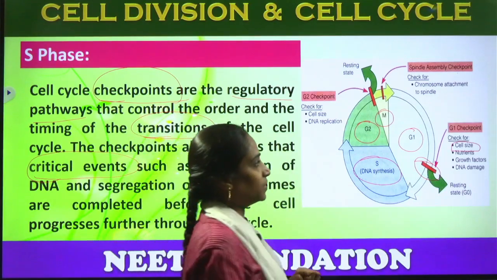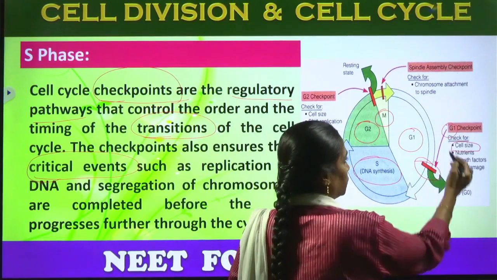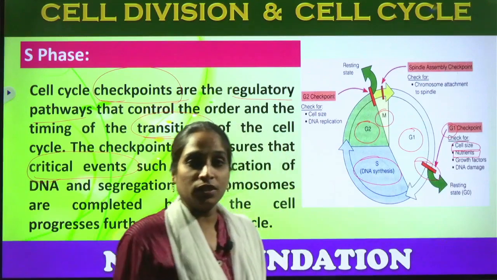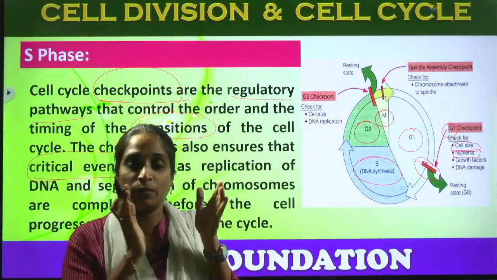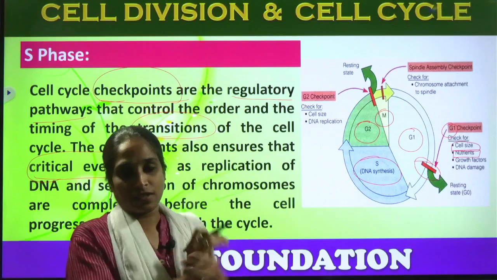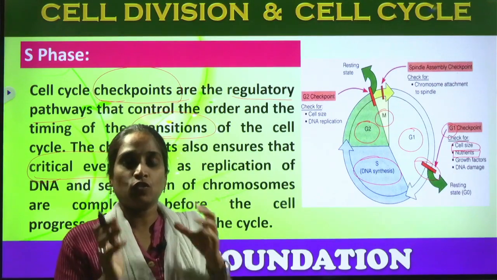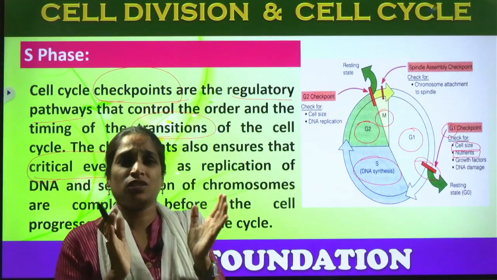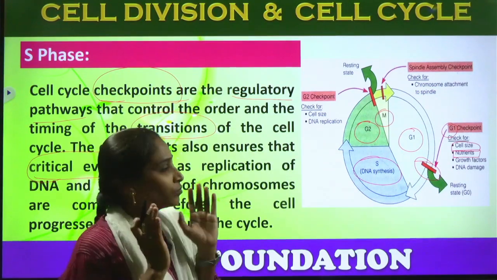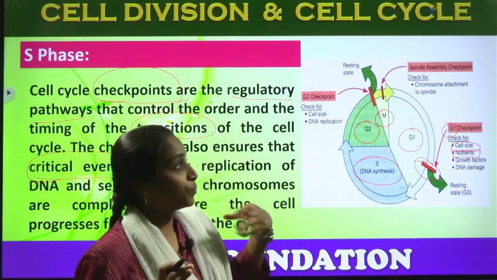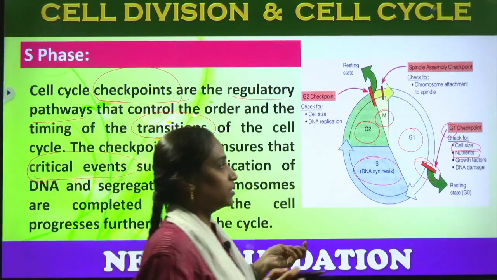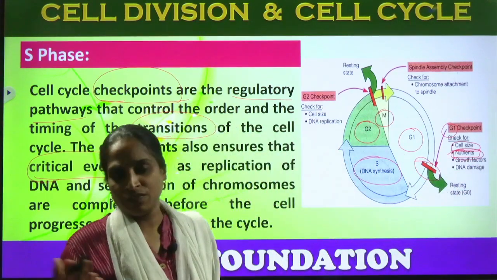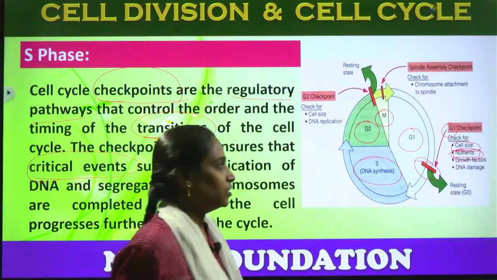Everything is being checked by the checkpoint near G1 phase, and also it checks the quality and quantity of the nutrients. Quality, how much amount they require as per the size, and quantity. Okay, quality in the sense what are the type of nutrients. Type of nutrients, how much, what we can say that a type of quality in the sense purity. Purity is, we can say the purified nutrients if they are being produced, so that the metabolical activities basically which occurs inside the cell may occur very properly.